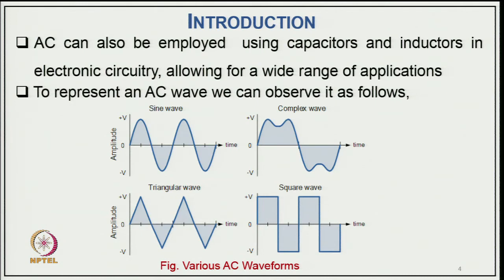It is shown like a sine wave, or a complex waveform, or a triangular or square wave. The question is why we adopted the sine wave. We already discussed that you can change the voltage from one level to another through transformer action, and transformer action can be done perfectly, with minimum losses, only with the sine wave.